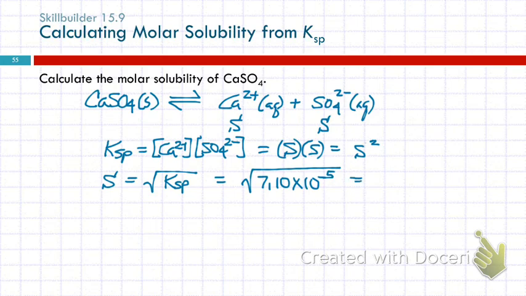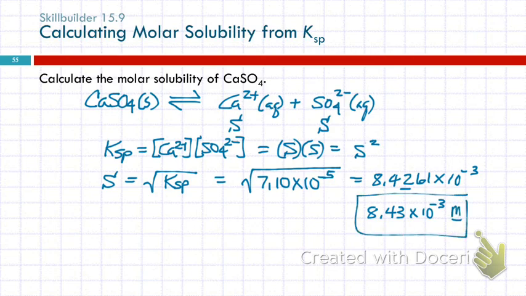Let's go with the same number of sig figs. 8.4261 times 10 to the minus 3. We can round that to 8.43 times 10 to the minus 3. It's a concentration, molar solubility, moles per liter. Any questions?